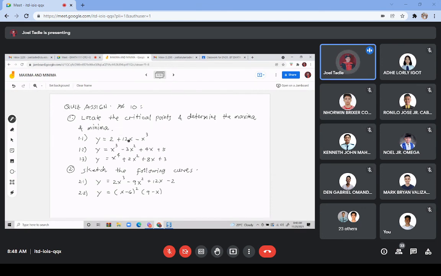In number 1, you do not need to sketch the curve. Just locate the critical points and determine whether each is a maximum or minimum. In number 2, you sketch the curve. In sketching the curves, the critical points and the point of inflection must be visible, so you need to solve for the point of inflection.